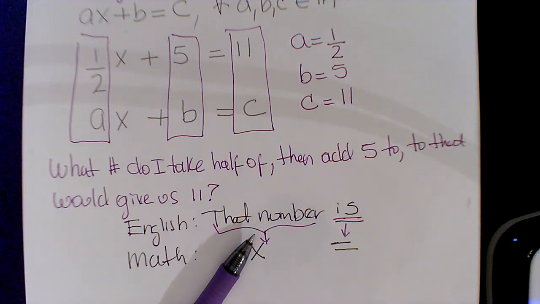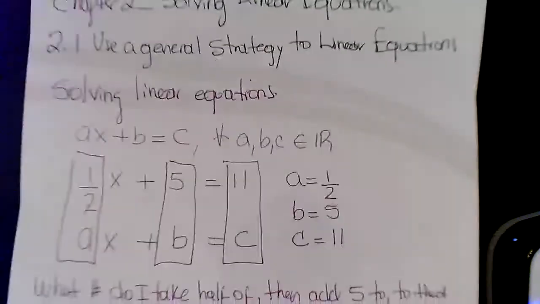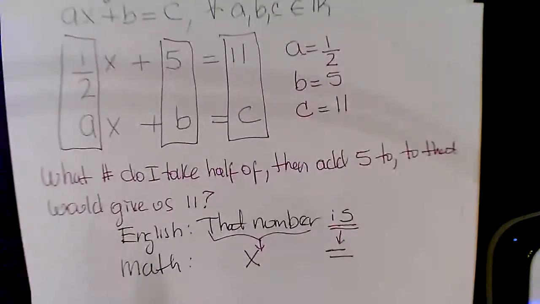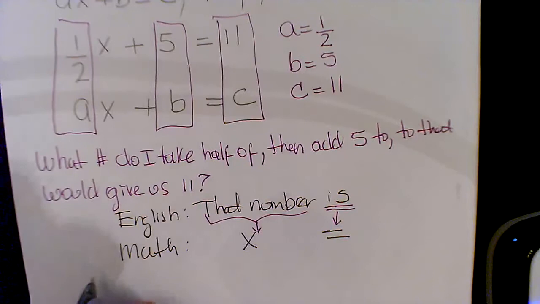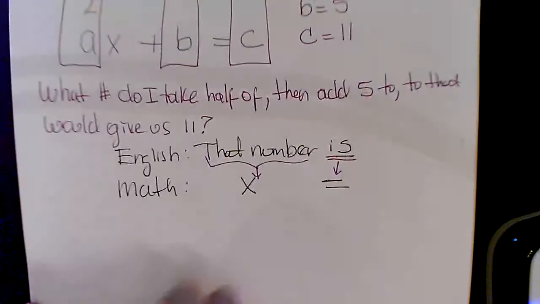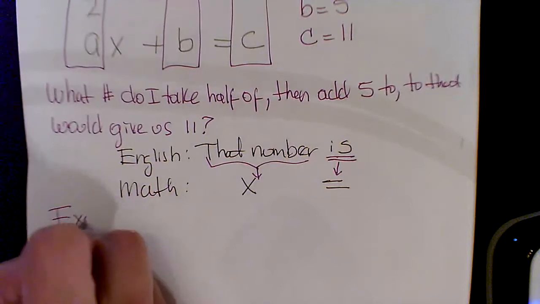Again, we're going to be using the field properties many times throughout the semester to justify our steps. So let's do this. Suppose we have x equal to 3. So let me give you examples.